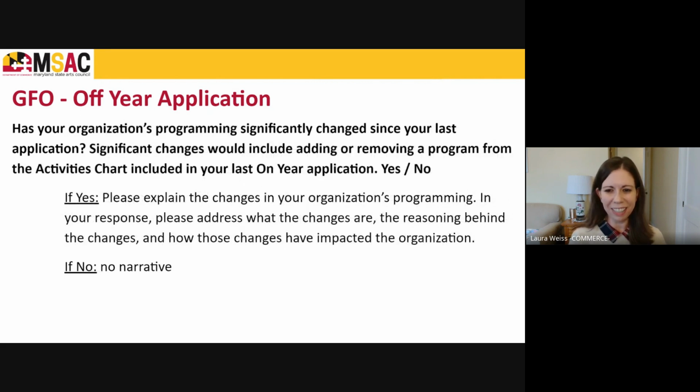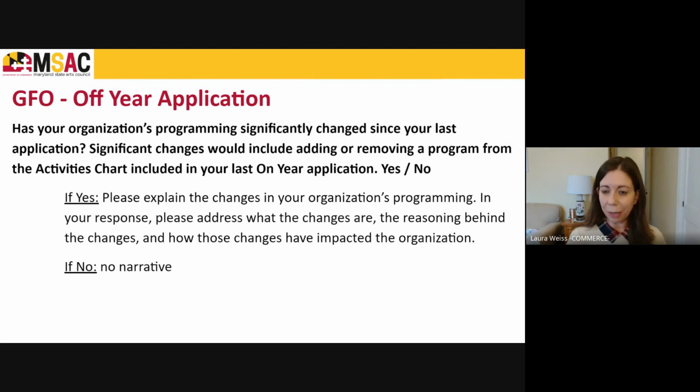I know, it's exciting. The next question then is, has your organization's programming significantly changed since your last application? Significant changes would include adding or removing a program from the activities chart included in your last on-year application.